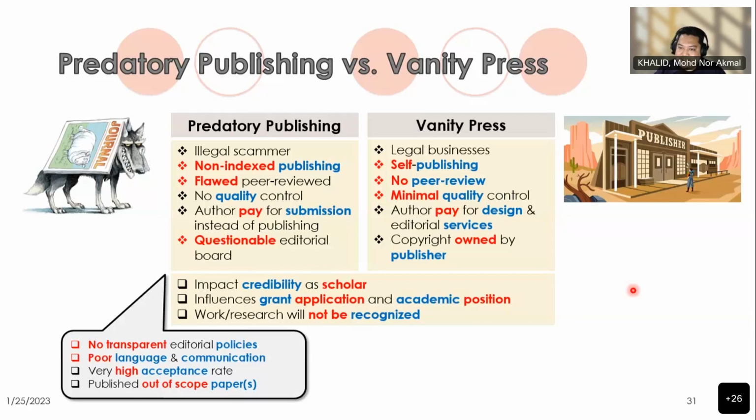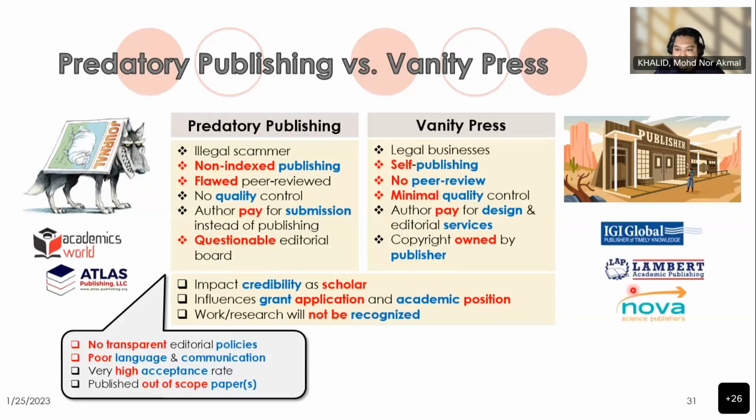It did not produce any result. It was just some random writing, randomly generated pictures and so on, with no results at all. They just sent it as a paper, and they accepted it. So that is clearly predatory publishing. These are some examples of predatory publishing and vanity press.